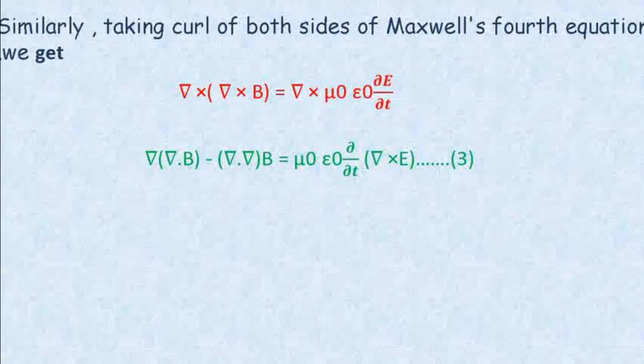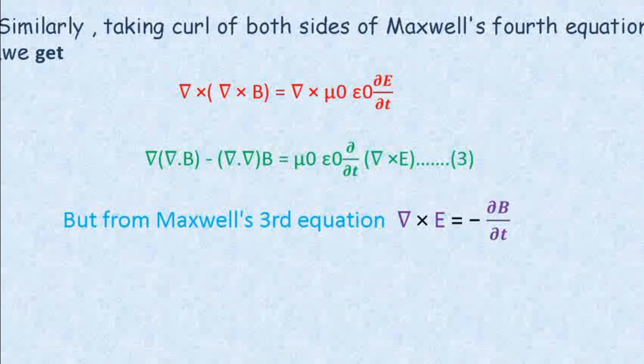Similarly, taking the curl of both sides of Maxwell's fourth equation we get del cross del cross B equal to del cross mu naught epsilon naught partial of E with respect to t. And similarly I write this equation in this form as I already showed you, because the LHS of the above equation is written this way because of the triple cross product property of vectors, and the RHS I have arranged in this way.